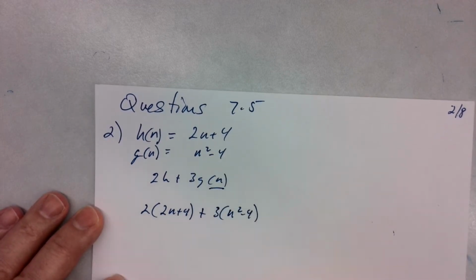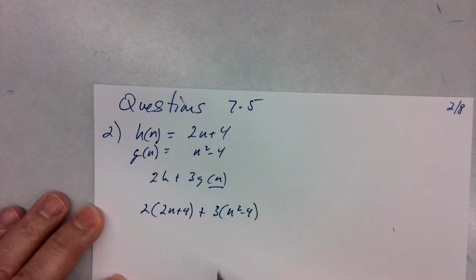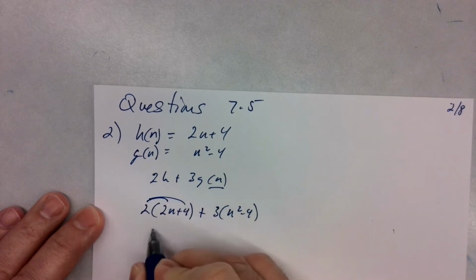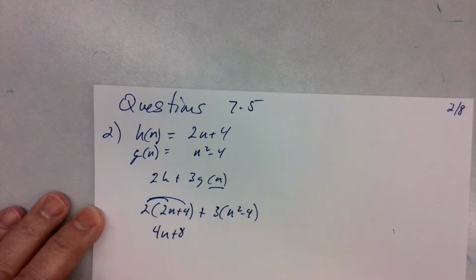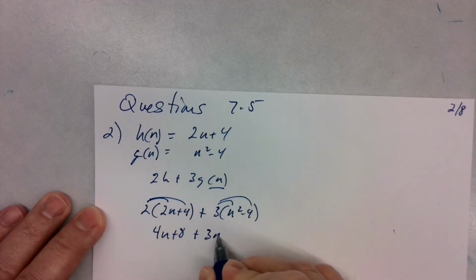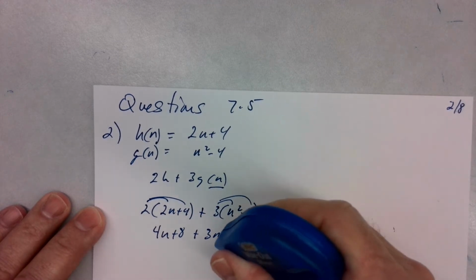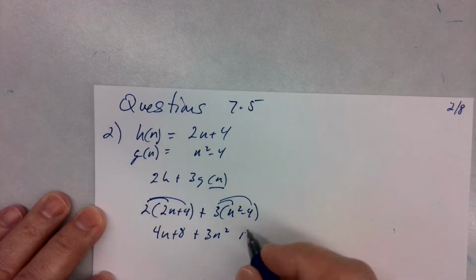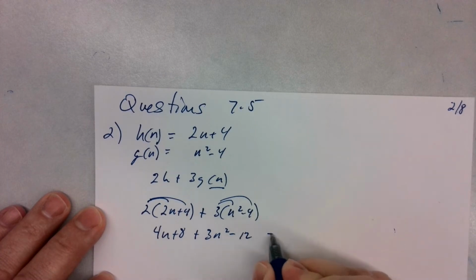Then that just tells me it's written in the variable n. Well, it's already written in n, so that doesn't change. So that would give me 4n plus 8, right? Plus 3n squared minus 12, which is going to give me, I would make sure I wrote it in what?